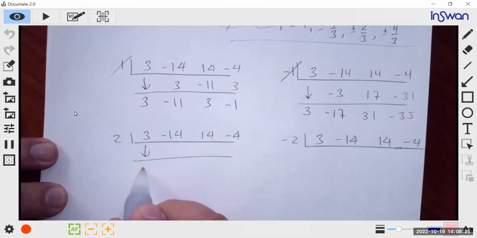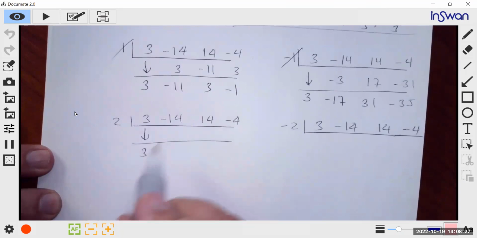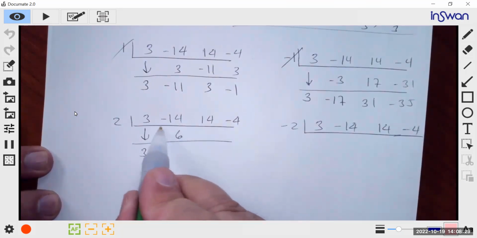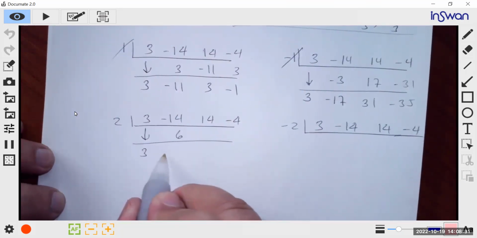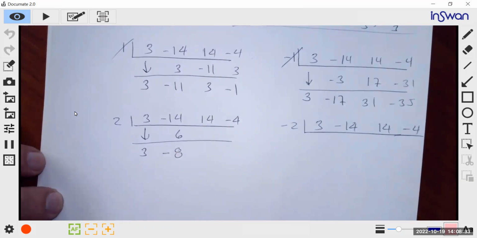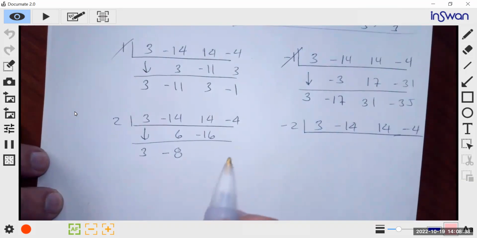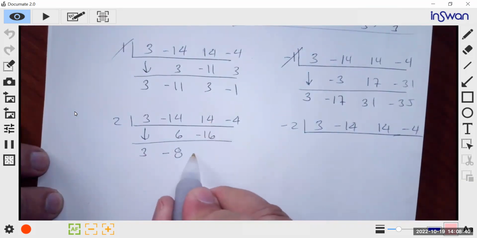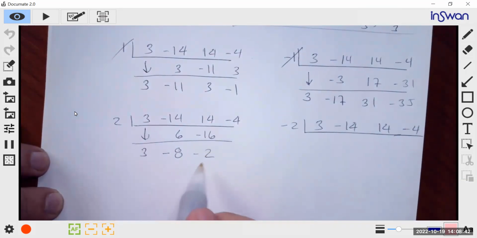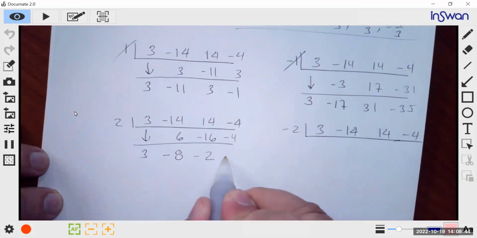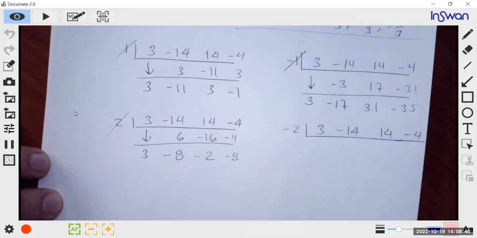So bring the first one down. 2 times 3 is 6. Negative 14 plus 6 is negative 8. 2 times negative 8 is negative 16. 14 minus 16 is negative 2. 2 times negative 2 is negative 4. Negative 8. So that's not right.